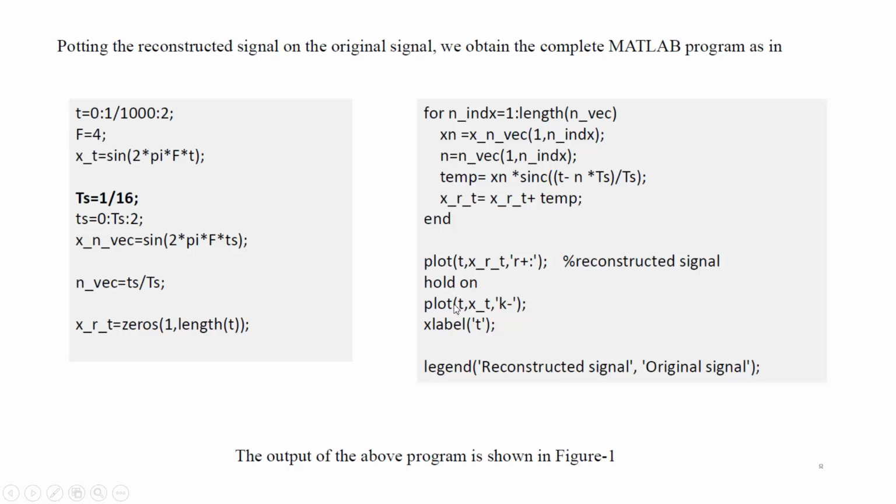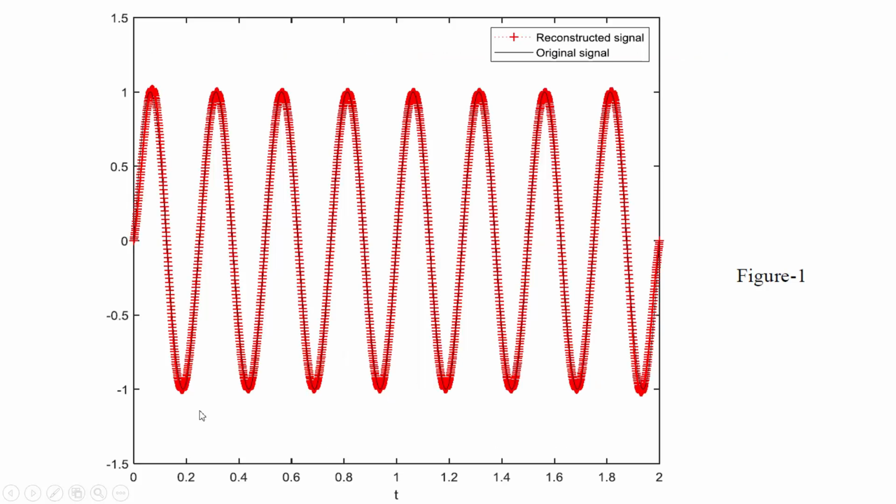This is my actual signal that was used for sampling, and x underscore r underscore t is the reconstructed signal. We do the labeling and so on, and this black line shows the original signal, and the red one gives me the reconstructed signal.